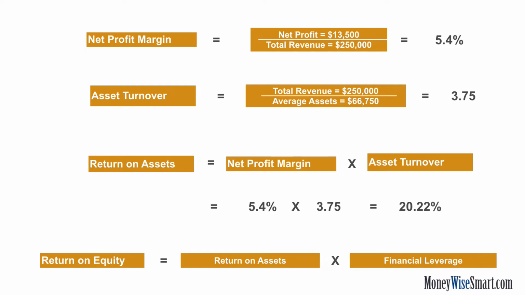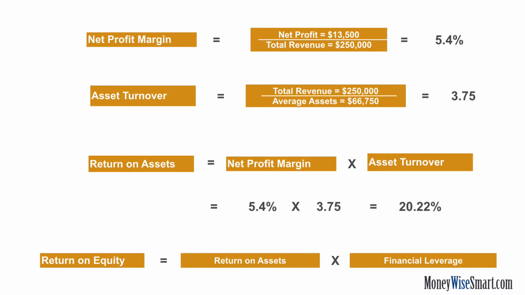But as compared to the 0.95 asset turnover in the first scenario, here my asset turnover has gone up to 3.75, which is the total revenue of 250,000 divided by the average assets of 66,750.